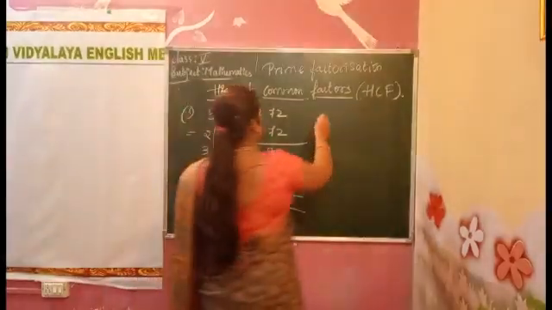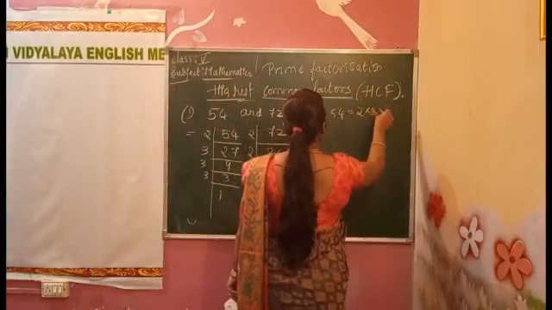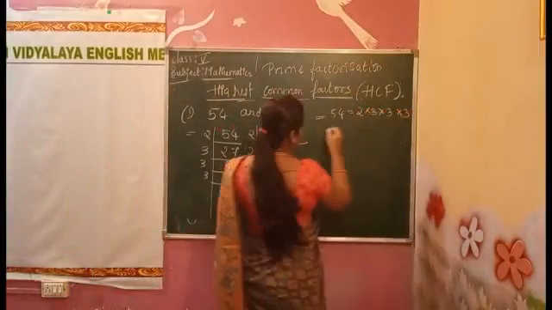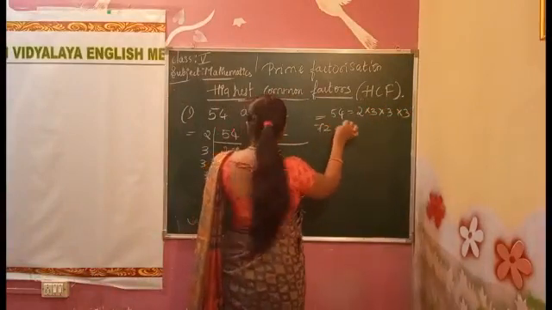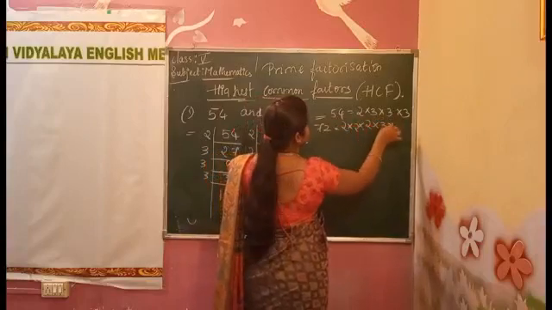Now I am writing the factors of 54. 54 we got 2 into 3 into 3 into 3. 72 we got 2 into 2 into 2 into 3 into 3.